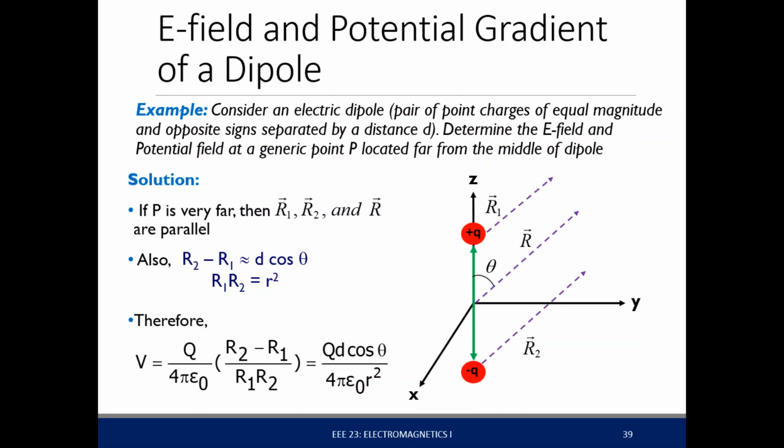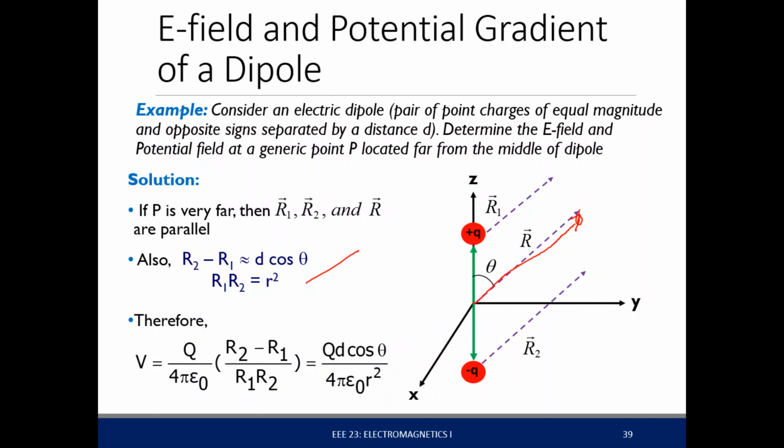Therefore, these two equations right here hold true. Okay? So the vector r2 minus r1 is actually approximately equal to d cosine theta, where theta is the angle between r and your point P. Okay?